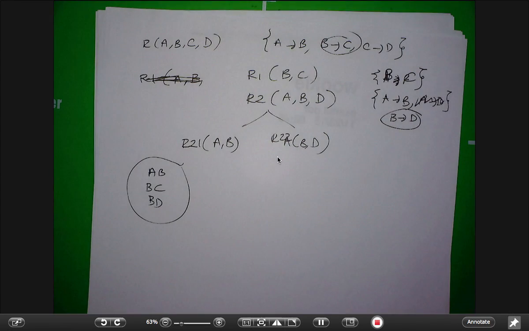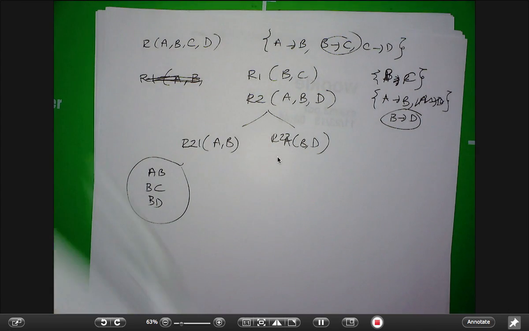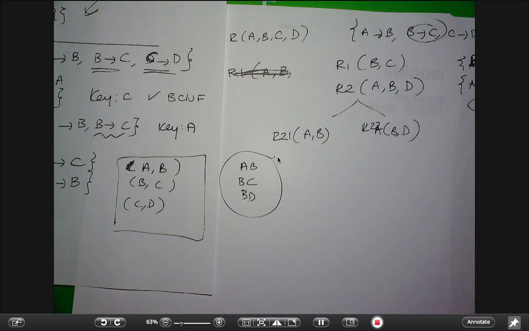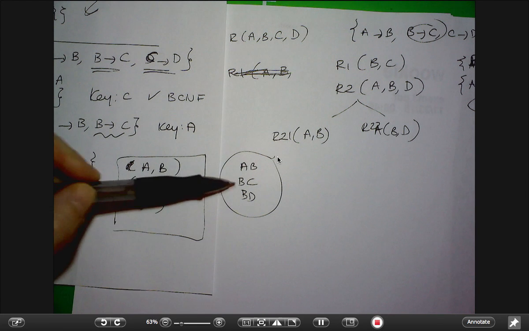Is this the same as the one I had before? I got two different examples, right? So depending on which order you apply, you may get totally different ones. And in fact, what you can prove to yourself is that this one is functional dependency preserving while this one is not.